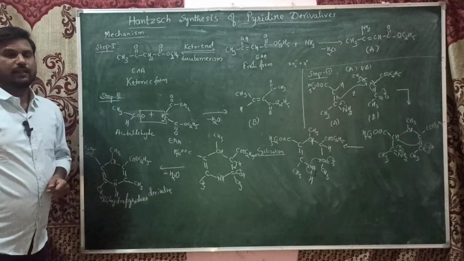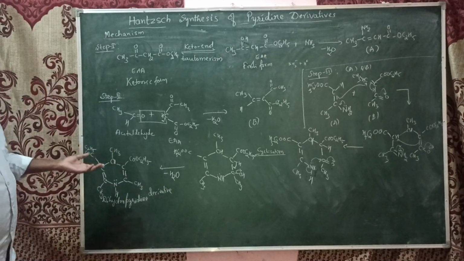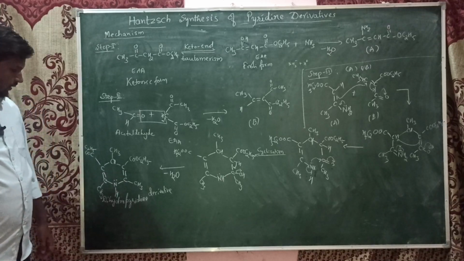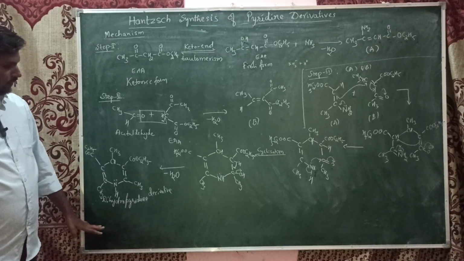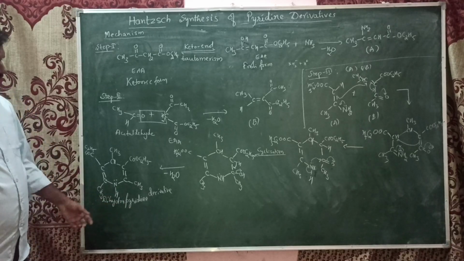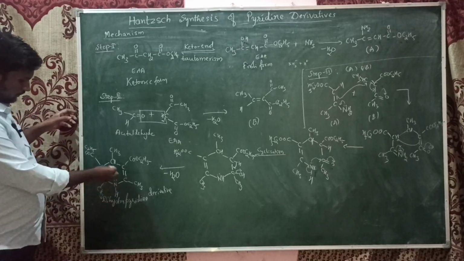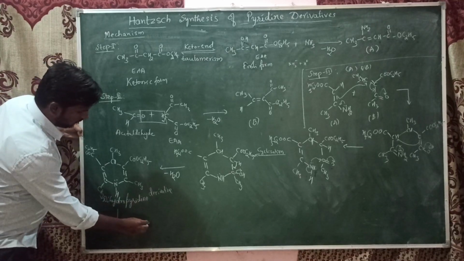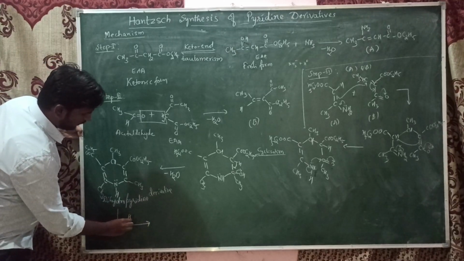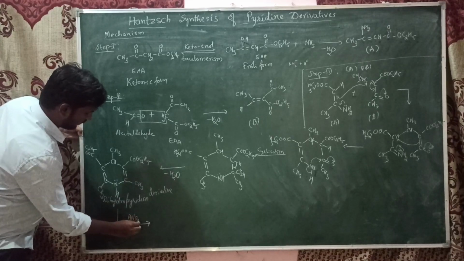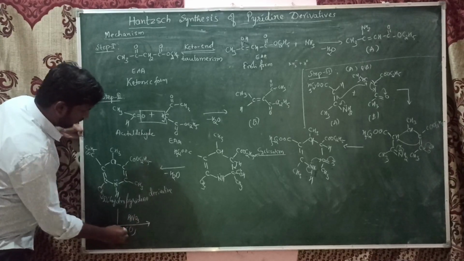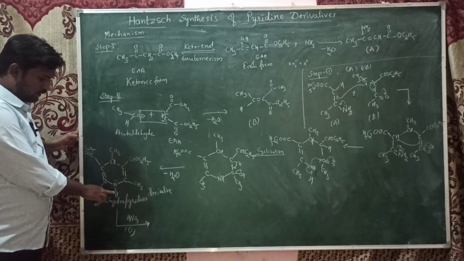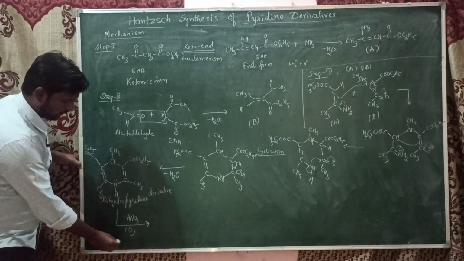Okay, as you already know, this dihydropyridine derivative will undergo oxidation with nitric acid, which will give us the pyridine derivative. Okay, let me write that one. So now this compound will be undergoing oxidation. Oxidation means this hydrogen and this hydrogen are eliminated.